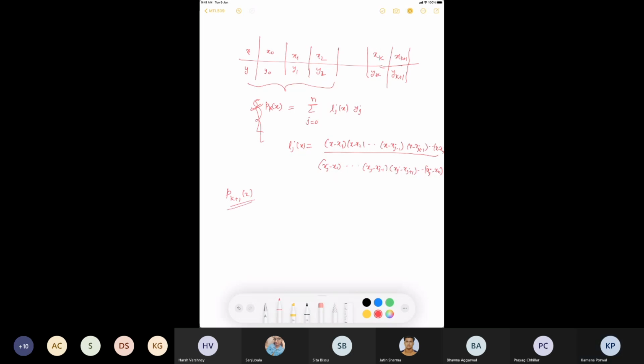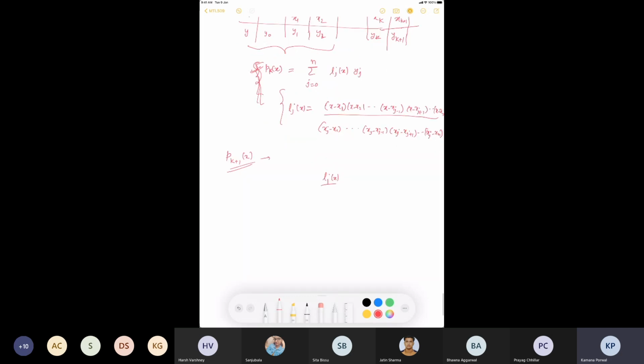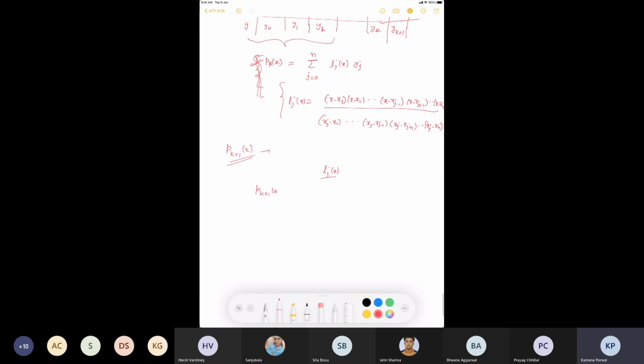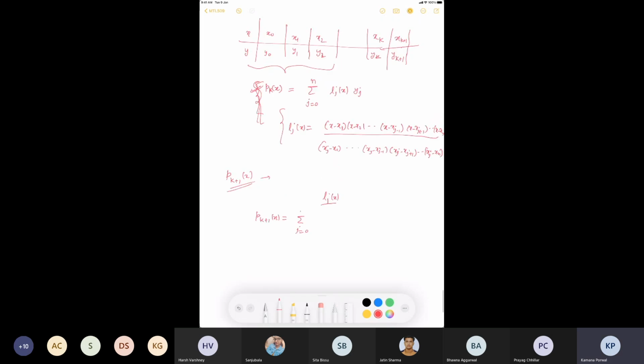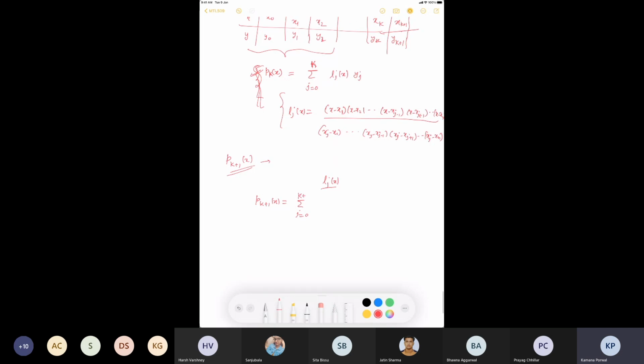To find pk plus 1 of x, again I have to find Lj of x. But note that this time you will have one more extra factor in each term. So all the hard work which you have done in computing pk of x cannot be utilized to find pk plus 1 if you directly want to compute using this formula. Sorry, this is not n here, this is k. Here, the sum up to k plus 1 of Lj of x, yj.